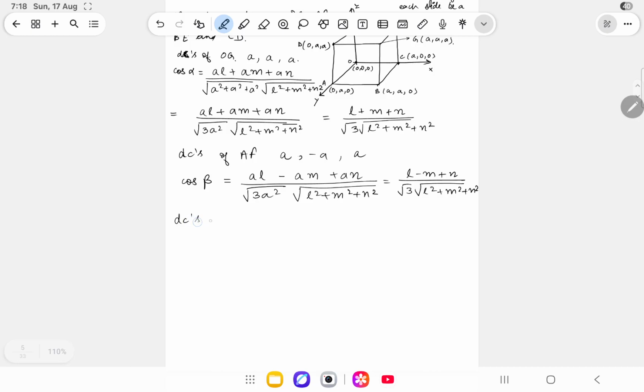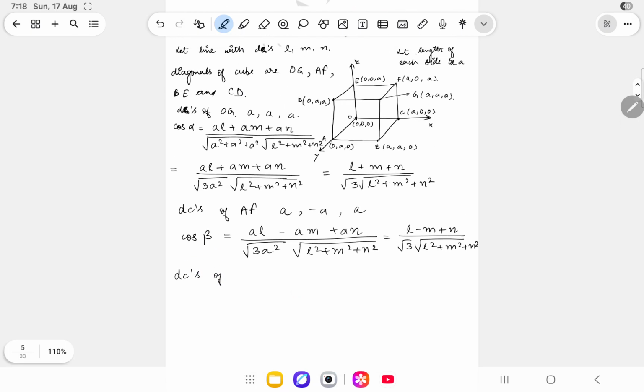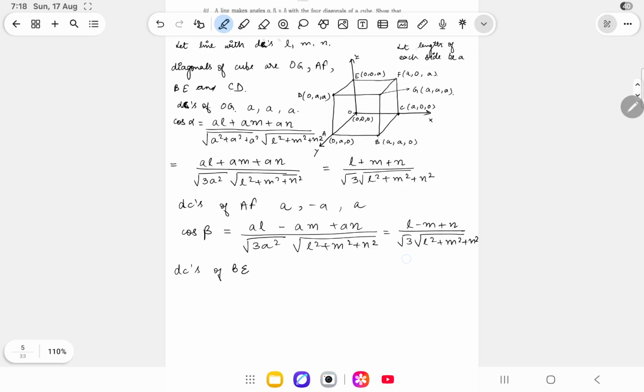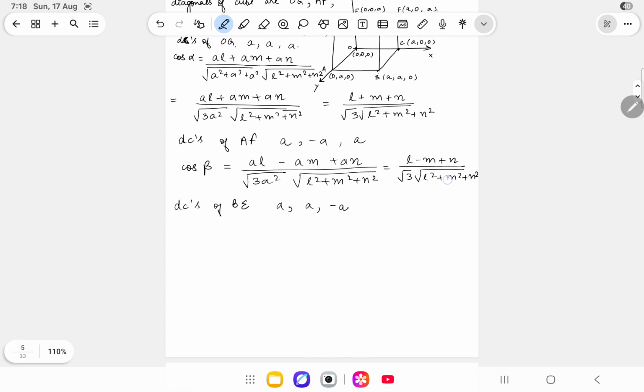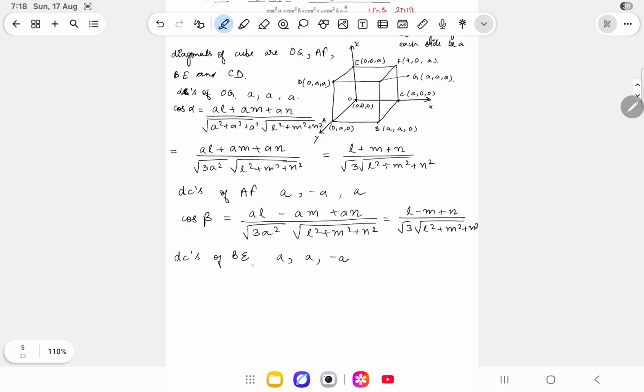Now we can find the direction ratios of BE, where this one is my B and this one is my E, which are A minus 0 as A, A minus 0 as A, and 0 minus A, that is minus A. So if the given line makes angle gamma with BE, then cos gamma equals AL plus AM minus AN upon under root 3A square under root L square plus M square plus N square.